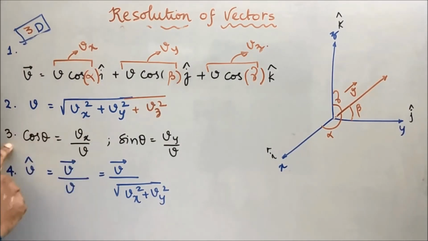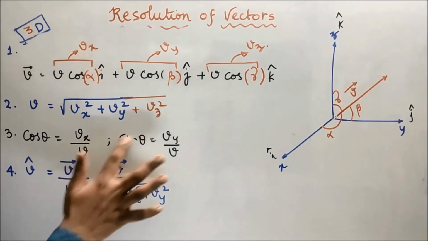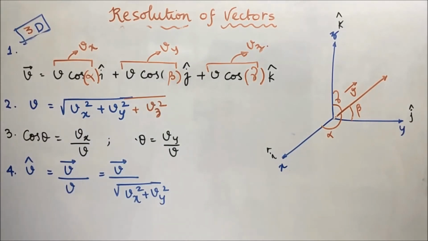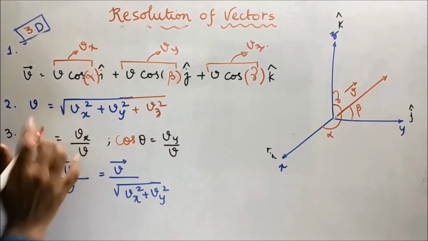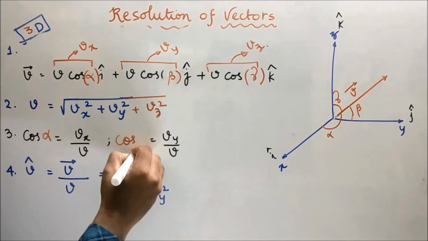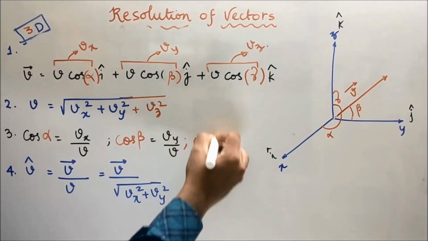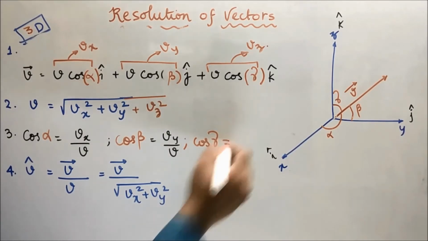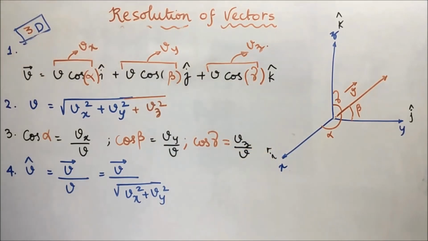So if it is for 2 dimensions, cos theta is equal to Vx by V. We'll not write sin theta here. We'll write cos beta, and one more term, cos gamma, which is equal to, you can guess, Vz by V. Similarly, the unit vector is vector V divided by its magnitude.